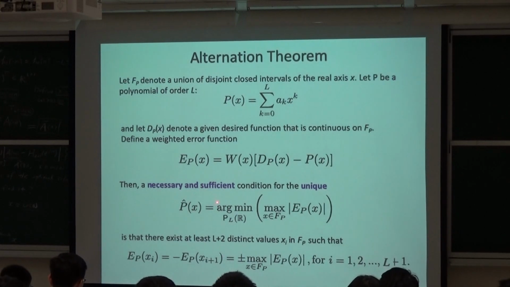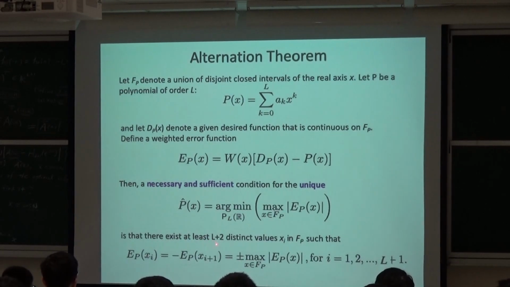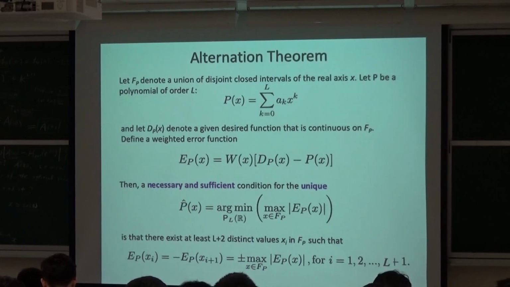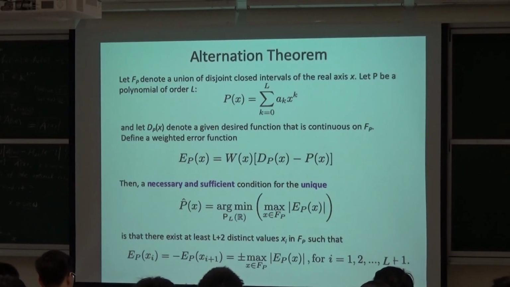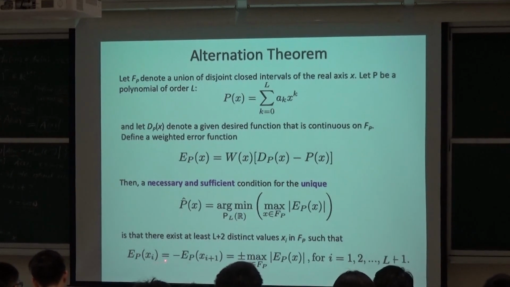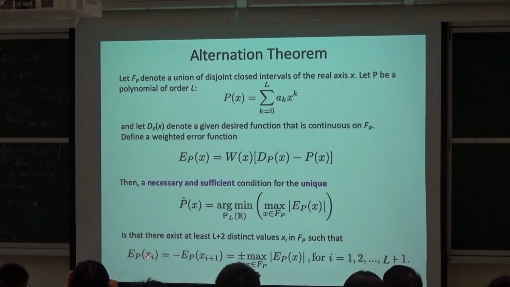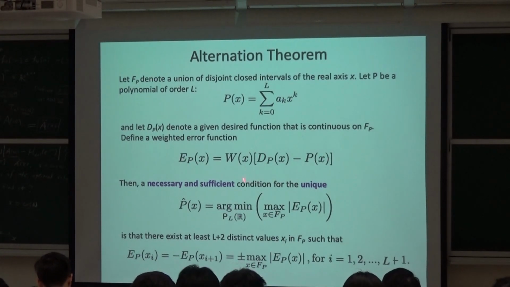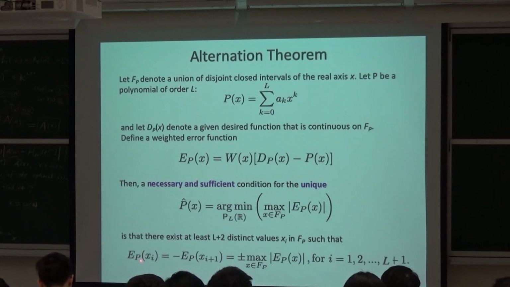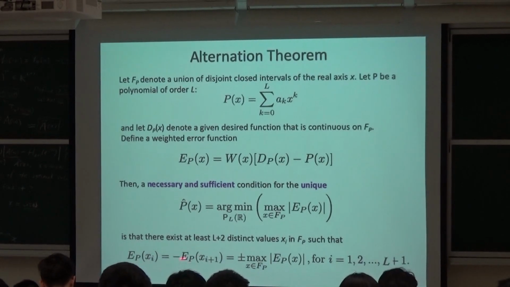A necessary and sufficient condition for the unique optimal solution is that there exist at least L plus 2, actually at most L plus 3, distinct values of x in the region, which is minus 1 to 1 in our case, such that the weighted error, defined here before taking the absolute value, changes sign from one point to the next.